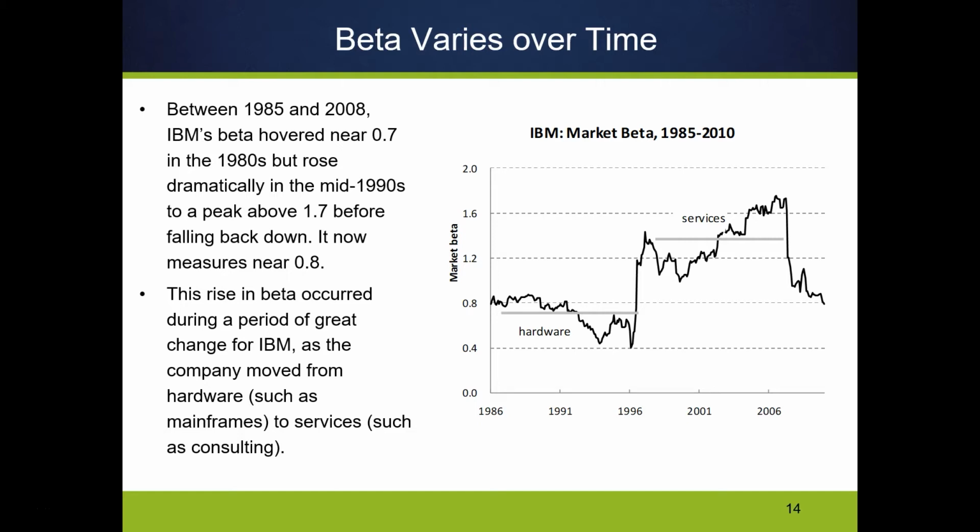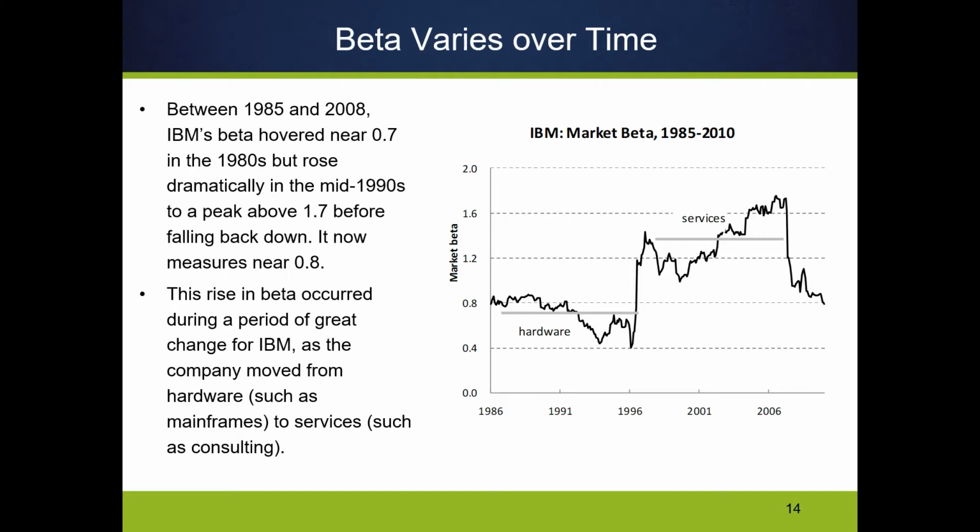They started to sell computing space, they started to sell computing power, they started to sell server space, and now they do a lot of cloud-based operations and things like that. And so what happens when you make a big change is that your exposure to the market-based risk might change too. So let's think about what happened here.